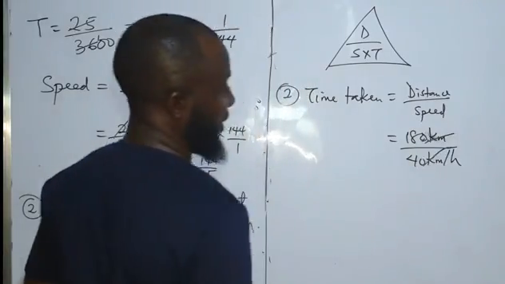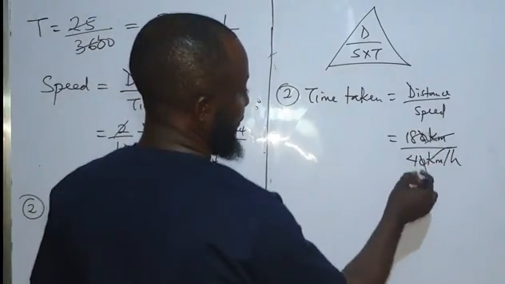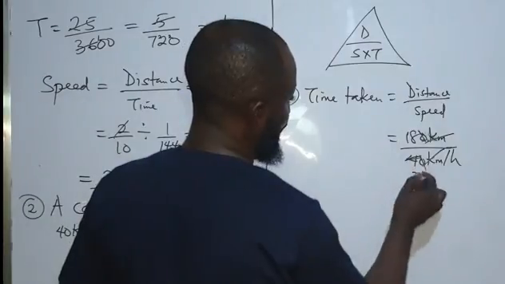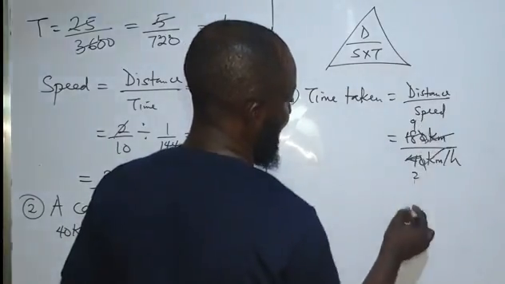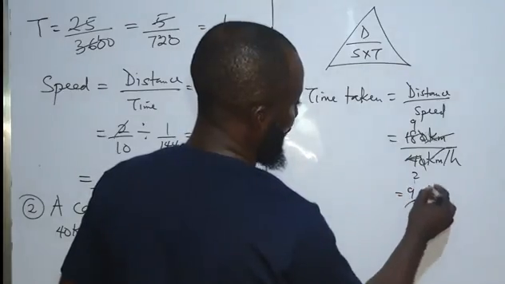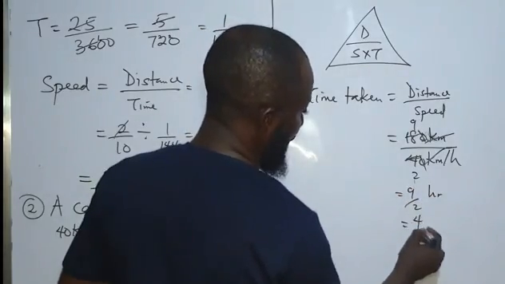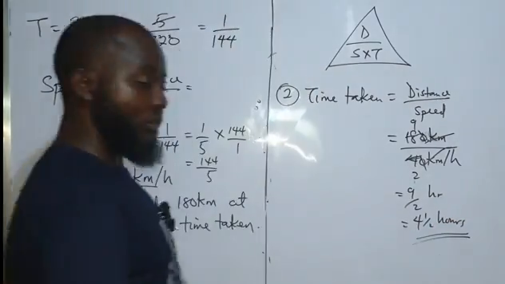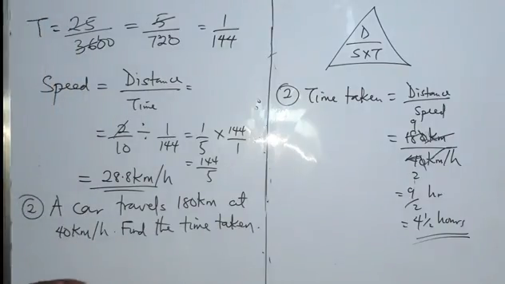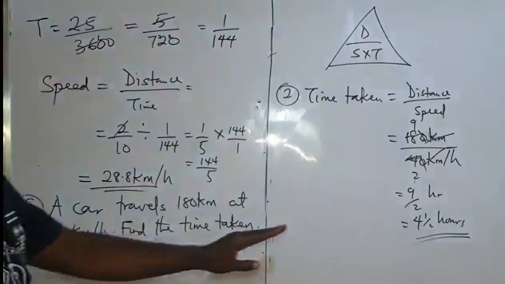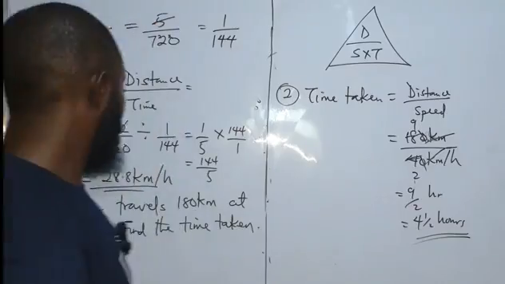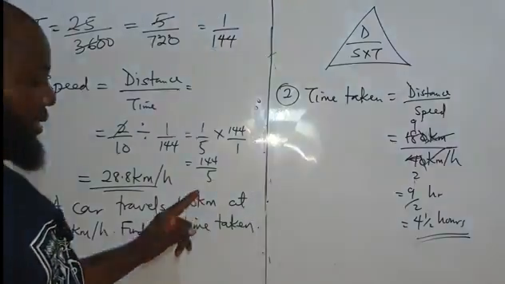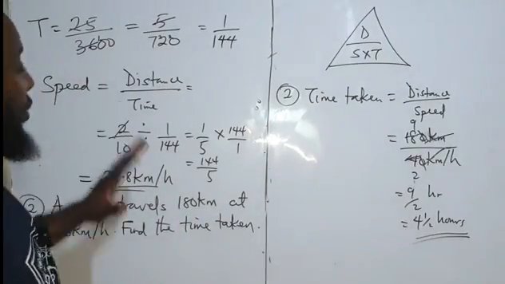Kilometer cancel kilometer, right? 0 cancel 0. 4 here 2, 4 here 9. That means we have 9/2 hours. So that means 4.5 hours. So the car will spend 4.5 hours when running at this speed to cover 180 kilometers. So that is that on speed.